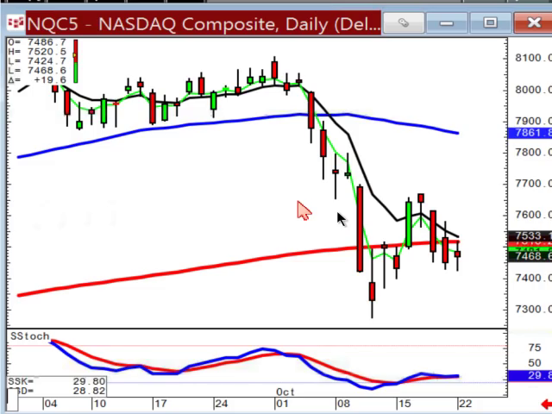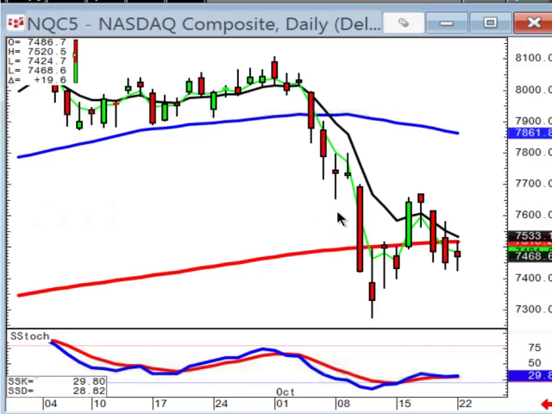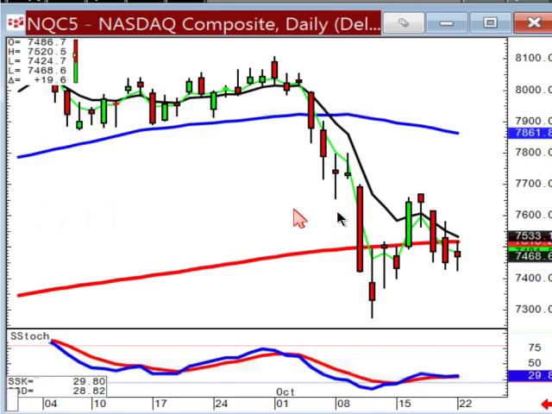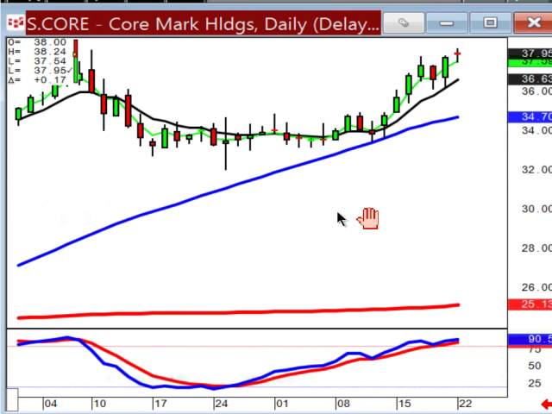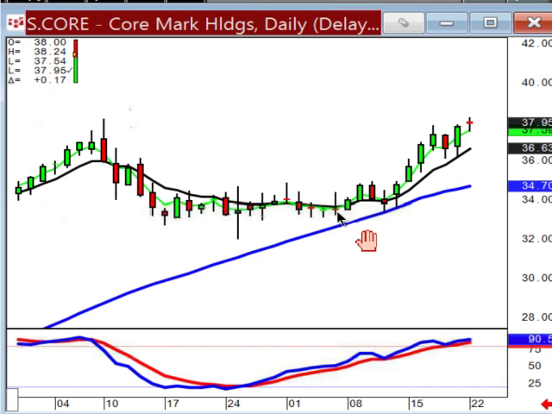Isn't that an evening star being at the top and at major resistance? Oh, Jake, on which one? Yeah, core is a possible doji sandwich, but what is the obvious right now?